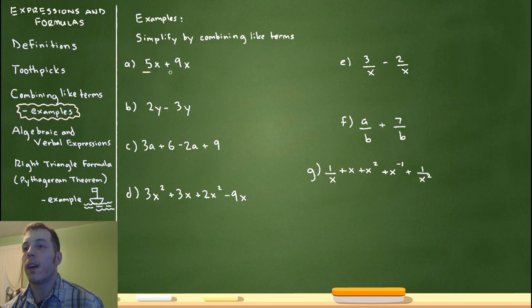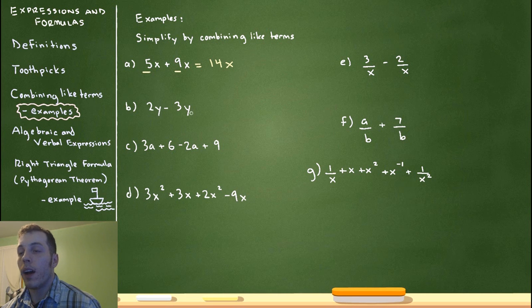We have the coefficient 5 and the coefficient of 9. x and x are certainly like terms, so we apply the shortcut, add those coefficients together, and keep that variable the same, so we get 14x. The same case for B. y and y are both considered to be the same variable, so we have like terms here. So we can combine the coefficients.